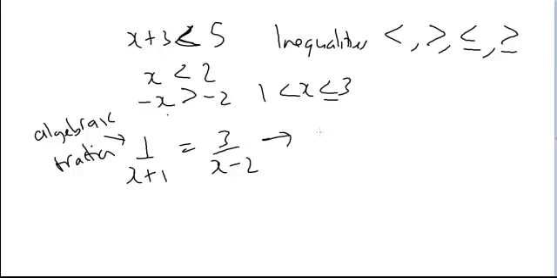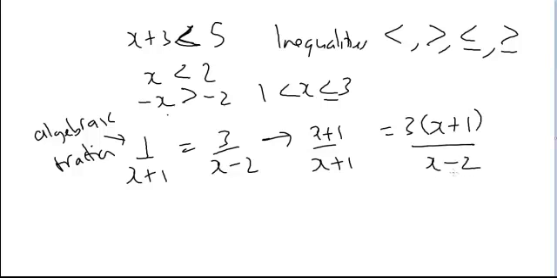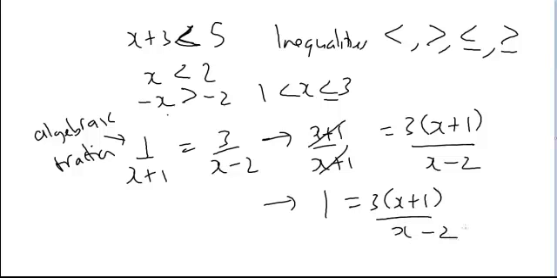So this goes to x plus 1 over x plus 1 is equal to 3 times x plus 1 over x minus 2. So I've multiplied both sides by x plus 1. The reason I did that is to get rid of that fraction. So then next I get, well, x plus 1 over x plus 1 cancel. So I have 1 is equal to 3 times x plus 1 over x minus 2.